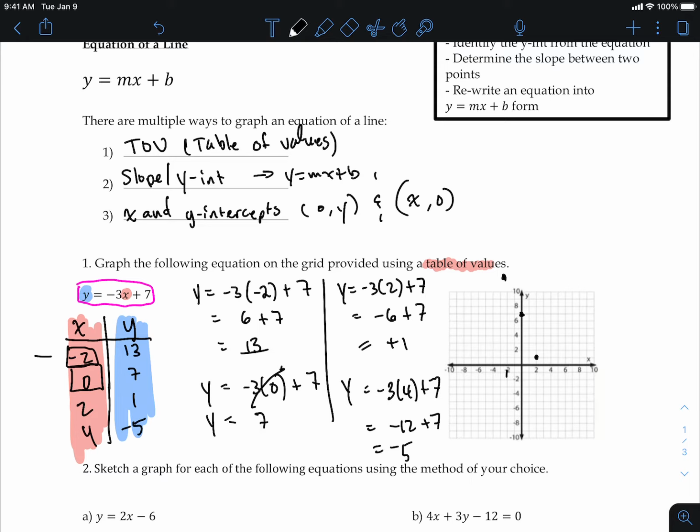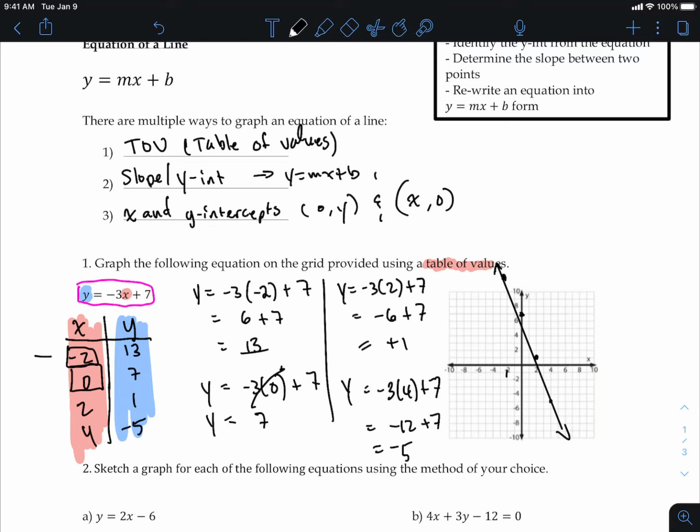And then I could plot 4 and -5. Not perfect, but close. Okay, there's your line.